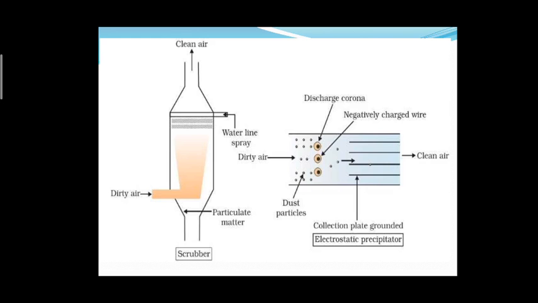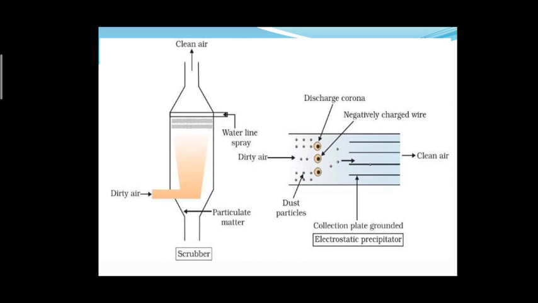And the gas moves slowly through the mechanism. There is a collection plate. This collection plate is positively charged so that the dust containing corona can be deposited on the collection plate and clean air can be removed.